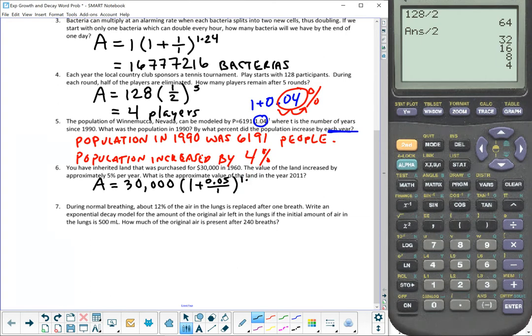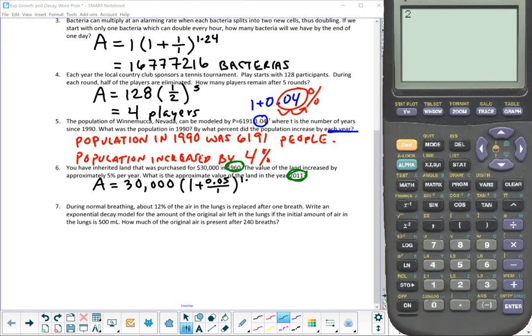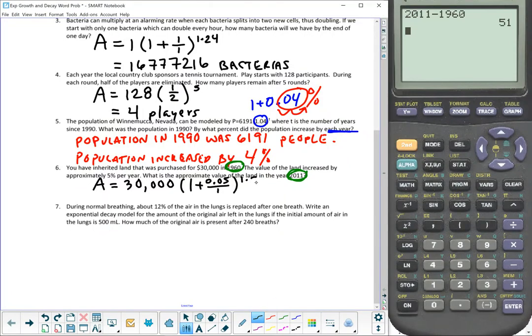Then you have to figure out 1960 all the way to 2011, so you have to do some subtraction. 2011 minus 1960 is 51 years, and that's what you use as the time, so it's 1 times 51.